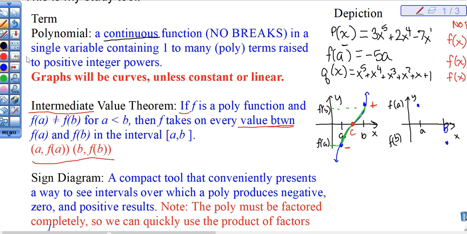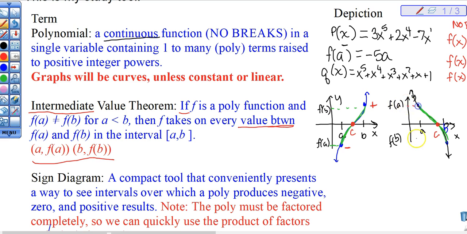Okay, and it is a poly function, so it's a curve, and it's continuous, so maybe it goes like that. We don't know. Again, it could go down and up a number of times, depending on how complicated the function is. But we're going to pick up all of these values right here, all of these y's in between f of a and f of b. So is there a 0 in between this a and b? Right there, there's a 0.